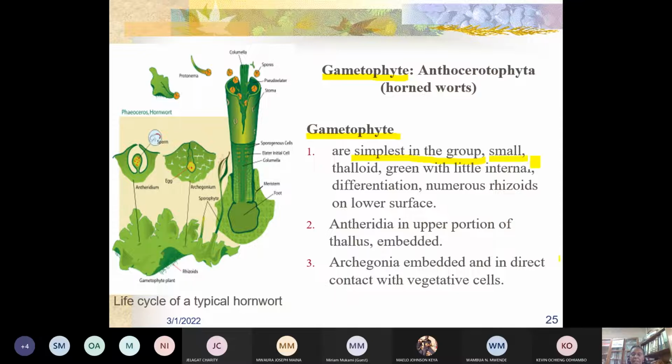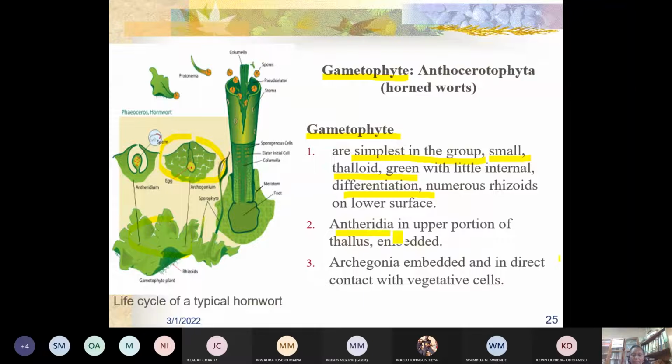Then the gametophyte is usually very small, thalloid, and it may have very little internal differentiation. So the internal differentiation is not much.